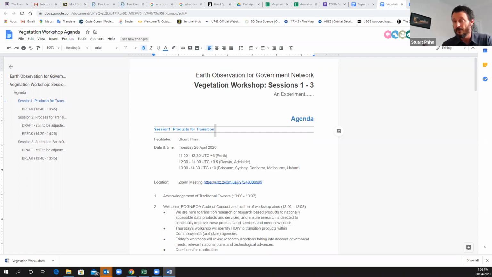These will be provided in some cases by a national agency like Geoscience Australia through Digital Earth Australia, or it could be through other Commonwealth departments.